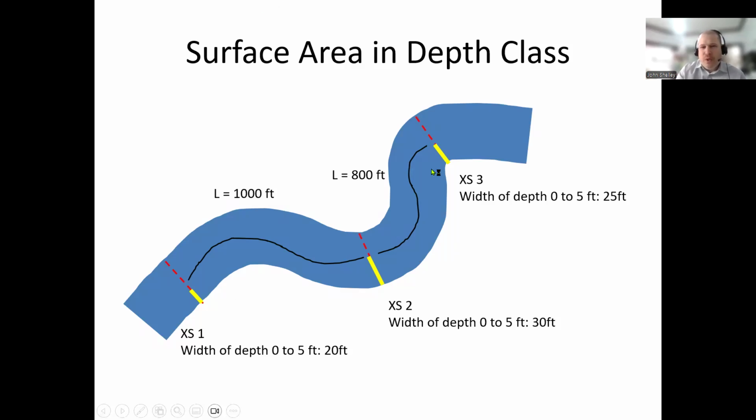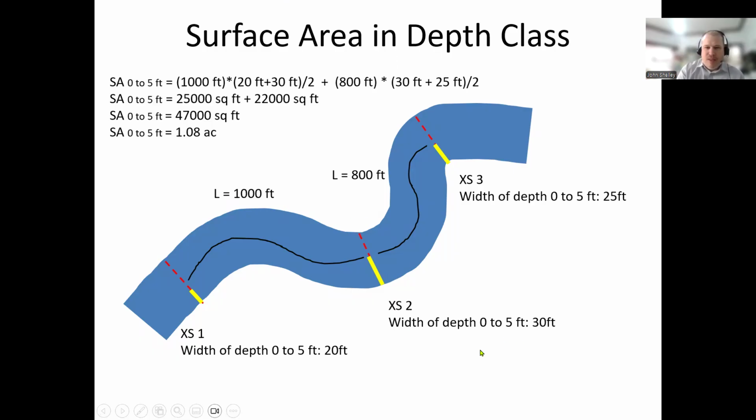Okay, so the way we do this when we've got cross sections and we have some distance between them is we average. So if we have the width of the depths from 0 to 5, let's say there's 25 feet of width, and we've got 30 feet of width in this second cross section from that 0 to 5 foot depth, then we would average those two. Oh, I got a typo here.